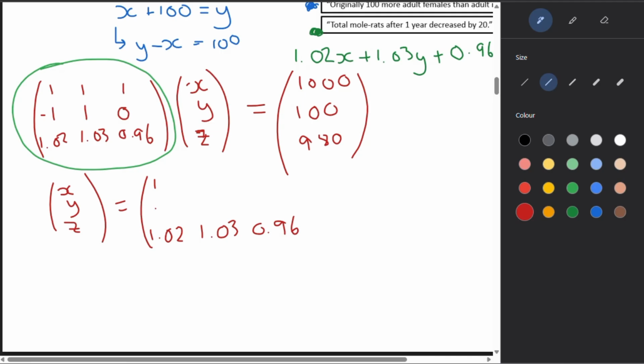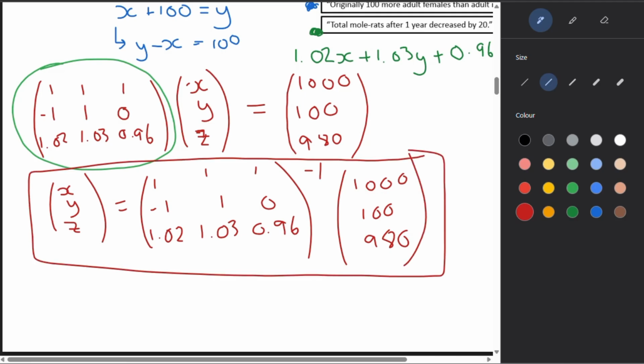So the inverse of this matrix is multiplied by 1,000, 100, 980. I tidied that up so it was easier for you to see, but that will give me what x, y, and z are. So I just now need to put that in on my calculator.